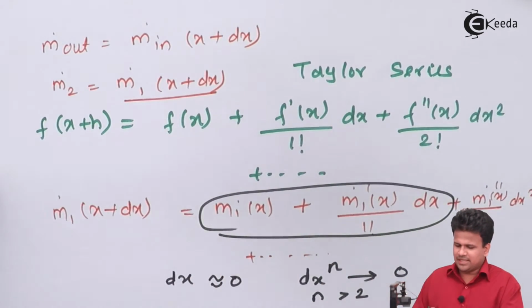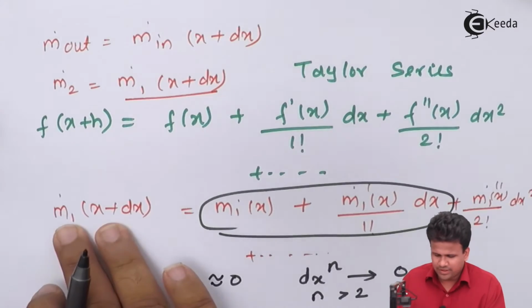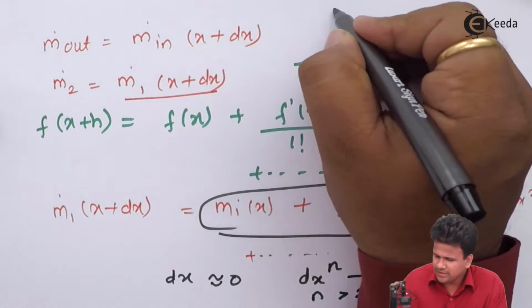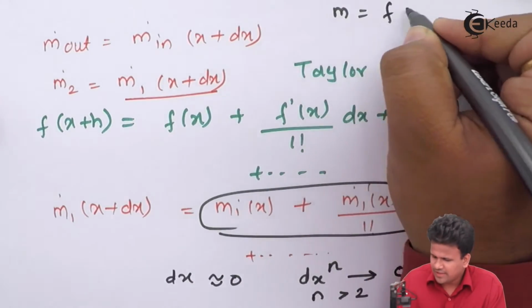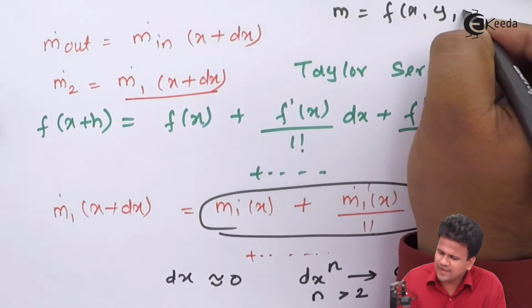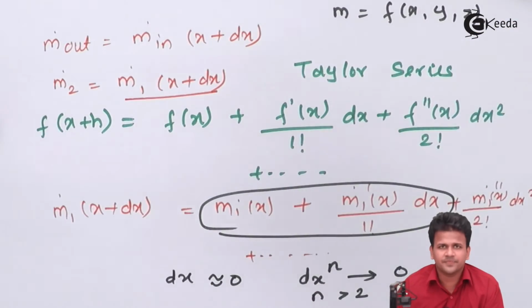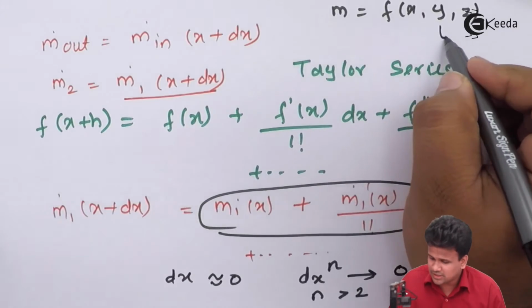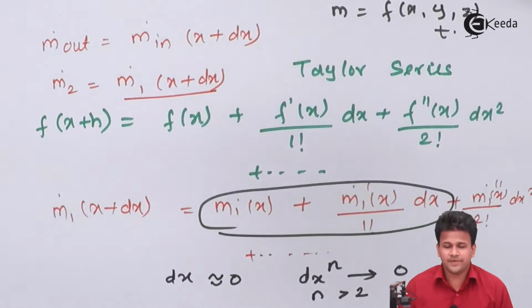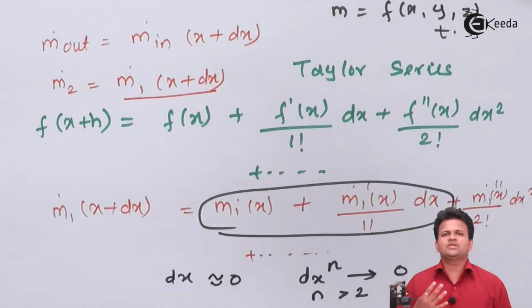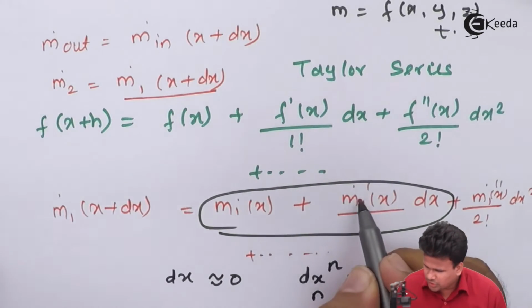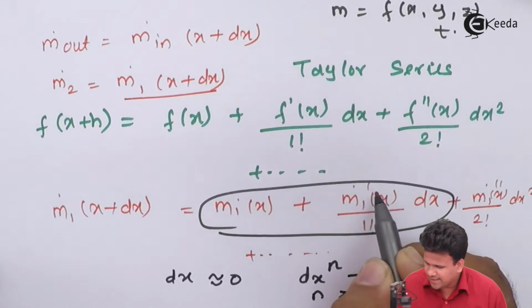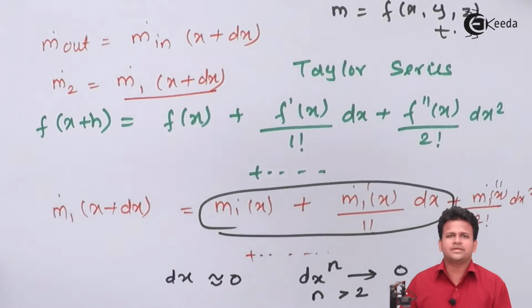So now let us understand this part. The mass flow rate is not only a function of x, it is a function of y as well as a function of z. Since it is a function of three quantities, along with it, it is a function of time. So with the mass flow rate being a function of all these four physical quantities, we cannot write m dot 1 at x as a complete derivative.